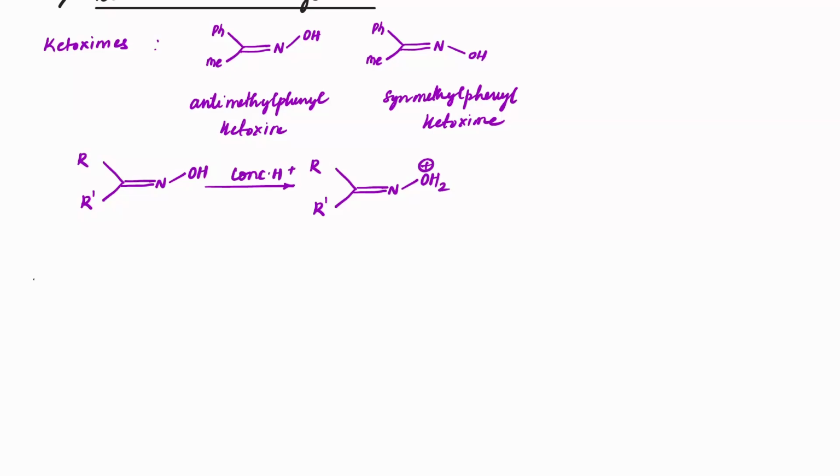The sigma star orbital of this nitrogen oxygen bond would be much closer to this R dash bond. So to remove this H2O, this R minus will facilitate. On doing so, we will get R with C positive charge double bond N with R dash plus H2O. So you can see an alkyl migration has happened.